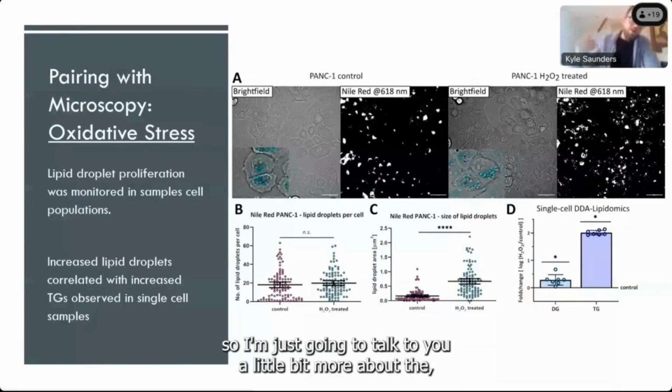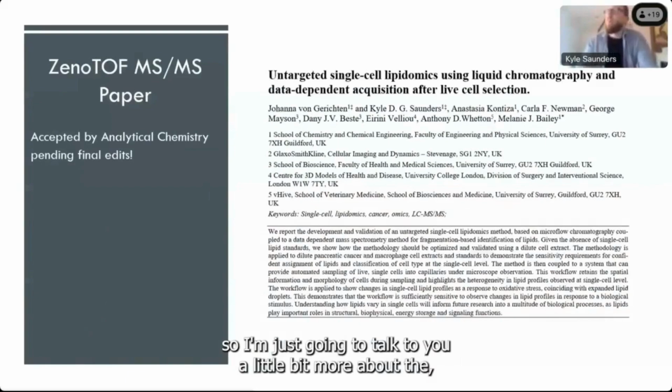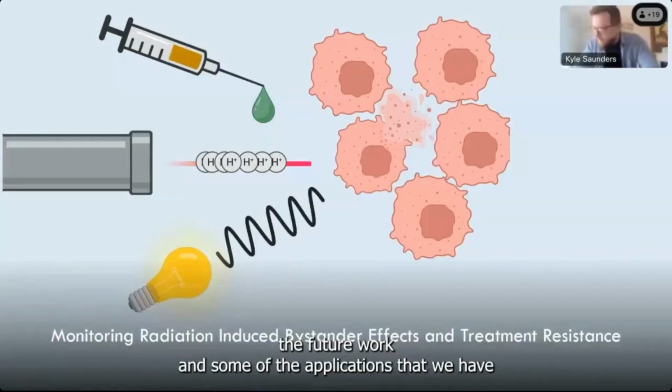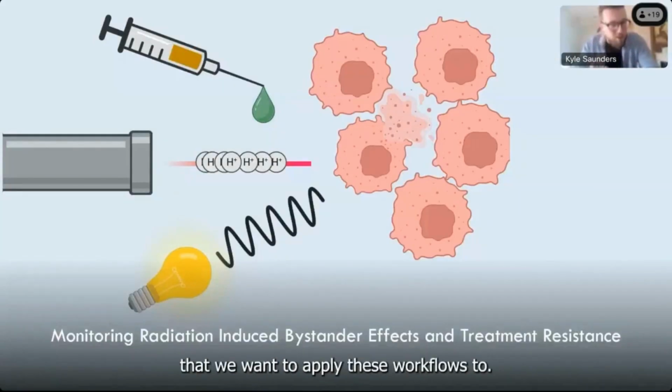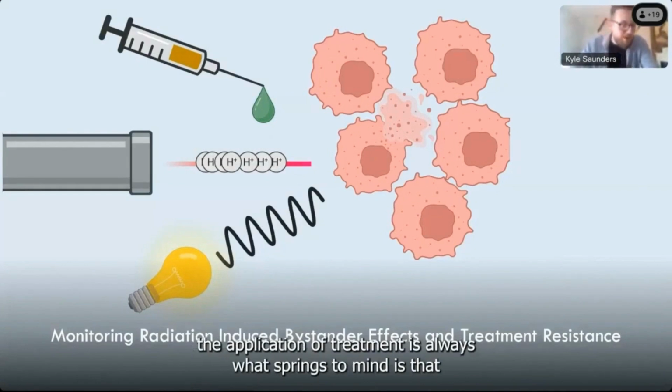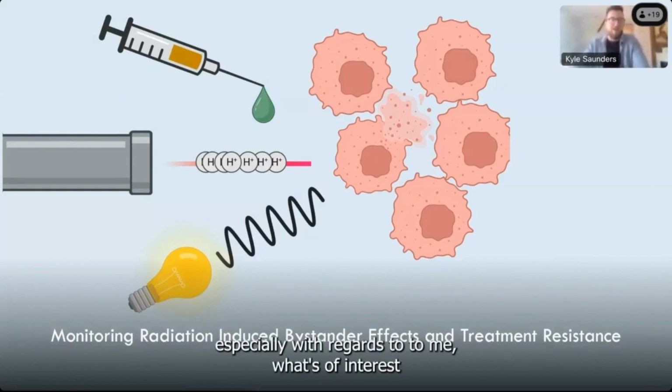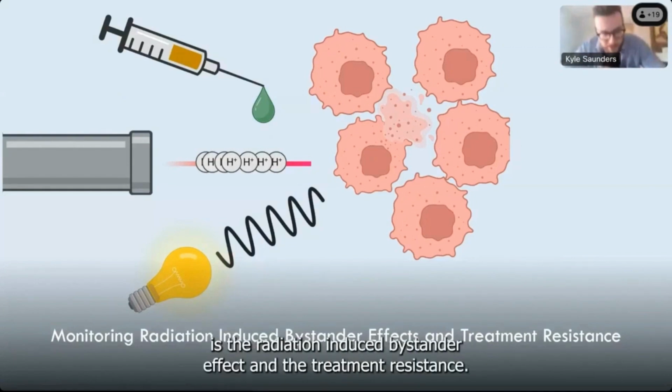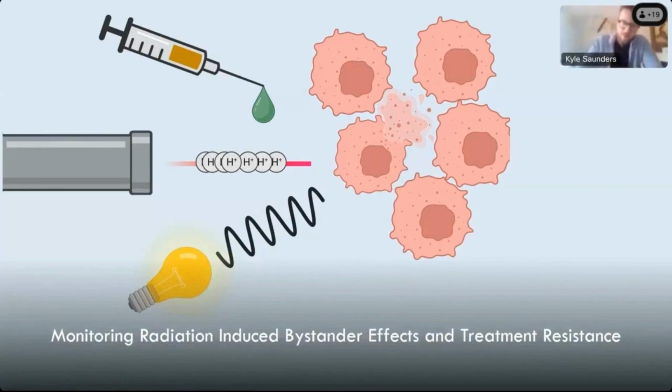So I'm just going to talk to you a little bit more about the future work, some of the applications that we want to apply these workflows to. Because we're working with cancer cell lines, the application of treatment is always what springs to mind as relevant, especially, and what's of interest to me is the radiation-induced bystander effect on treatment resistance.